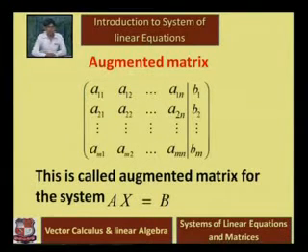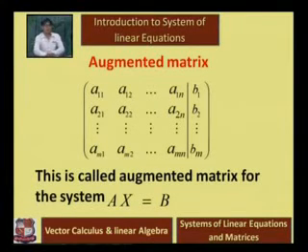And the augmented matrix. What is the augmented matrix of the system? The augmented matrix of the system can be written by combining the coefficient matrix and the constant matrix: a11, a12 up to a1n, b1, a21, a22 up to a2n, b2, and so on.